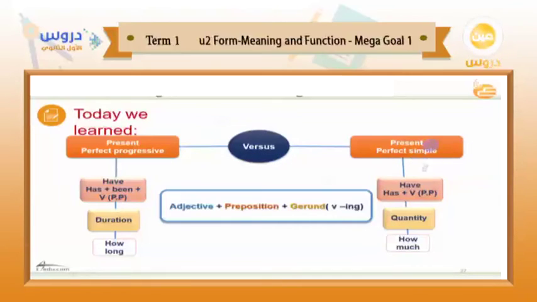In the present perfect simple, have or has plus the verb in the past participle. We are focusing on quantity and how much. In the present perfect progressive, have or has after the subject plus been plus the verb with ing, and in this tense we are focusing on the duration and we are thinking of how long.